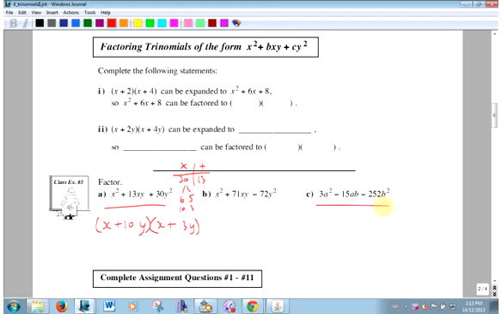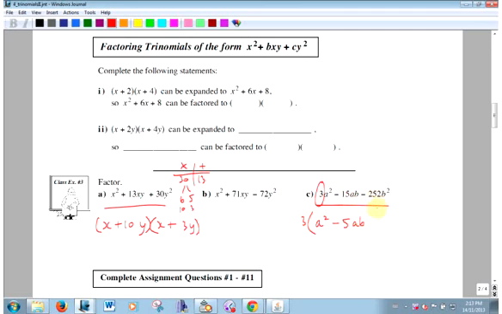Let's look at the big nasty. When you see a number out front, you don't know how to do this yet. What do we want to do first? Get rid of it, yeah. But we want to factor it out. What do I have left? How many times does 3 go into 15? 5.